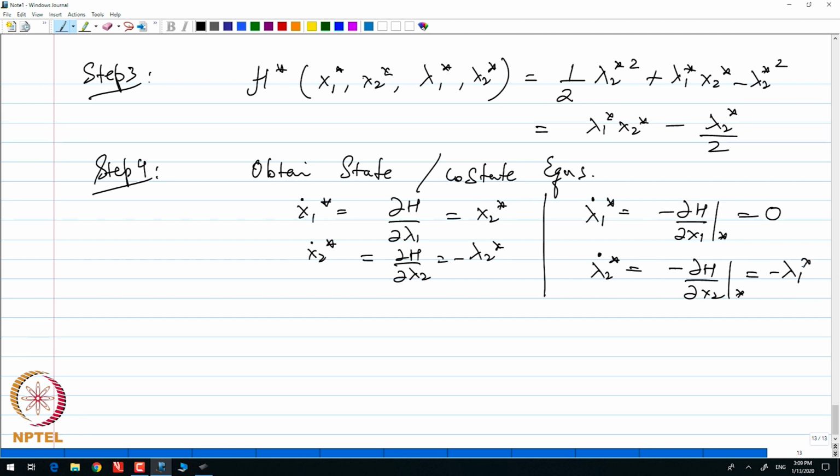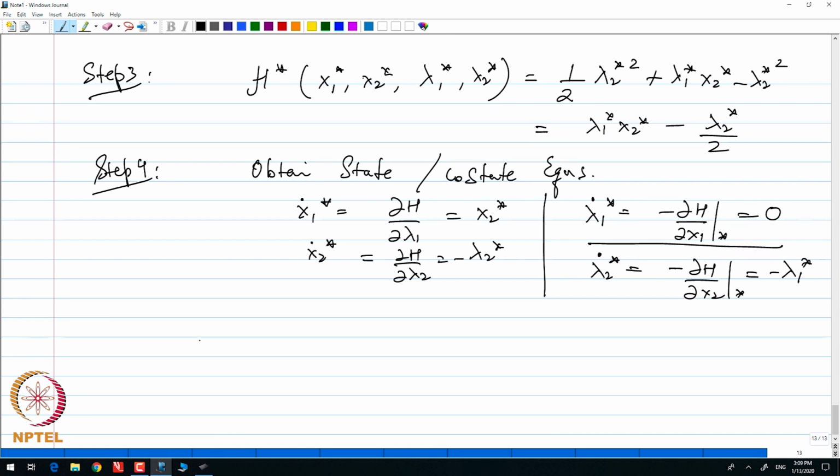So I have 4 equations and 4 unknowns: x1, x2, lambda 1, lambda 2. So, I can slowly start solving. Notice the third equation can be quickly solved.